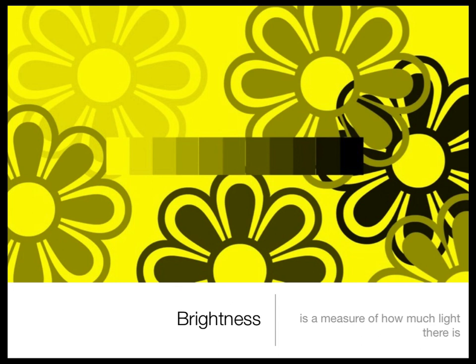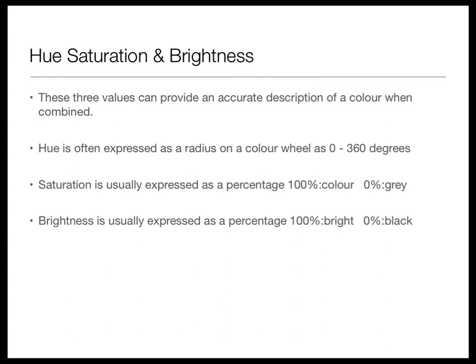When you turn it down, it's just black, the light's off. When you turn it up fully, then you get to see its color. So we have hue, saturation, and brightness. Those three values can give you an accurate description of a color when you combine them.